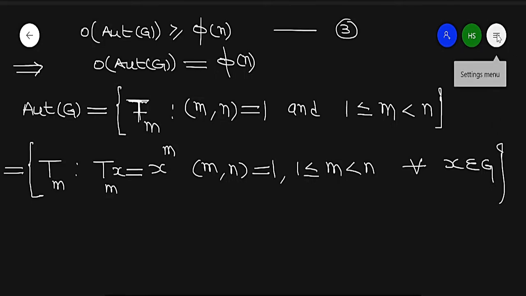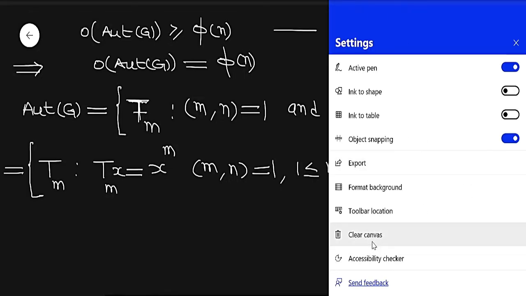Now from this we can also prove that this group of automorphisms of G is isomorphic to the group of integers under multiplication modulo n. So let Gn be the group of integers under multiplication modulo n.